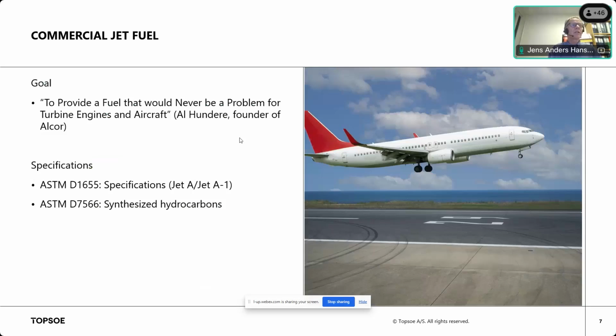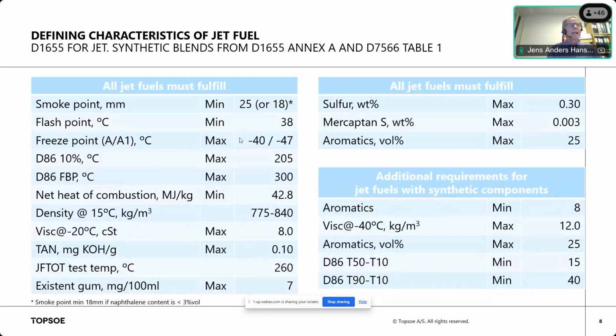There is the standard fossil-based specification, D1655, and then there are other specifications where you have synthesized hydrocarbons. So we cannot just convert biomass to jet fuel without having permission to use it, and it can be a lengthy process to get a new feedstock approved for use as jet fuel.